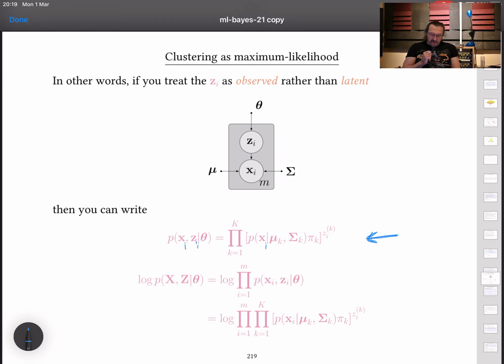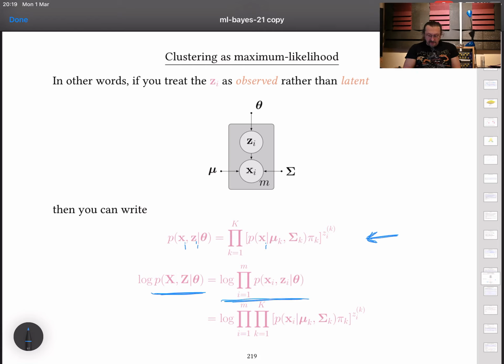And then the final part of this slide just says, well, once we know that, we could write this slightly different form of the log likelihood. Instead of probability of just capital X given theta, it's now capital X and capital Z, all the data and all the latent variables given theta. And because, once again, everything is independent, we just take the product for the individual guys.